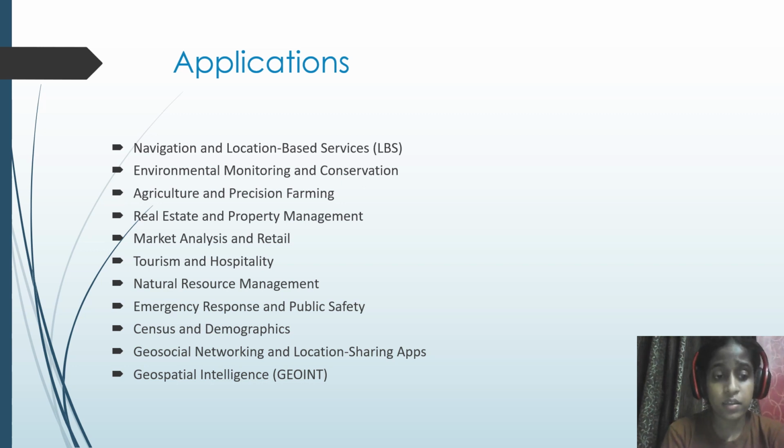It is integral to national security and military operations by providing geospatial intelligence for defense and security. These are the applications of GIR, which make the GIR retrieval system useful across a wide range of industries for decision making, effective resource management, and improved services for individuals and communities.